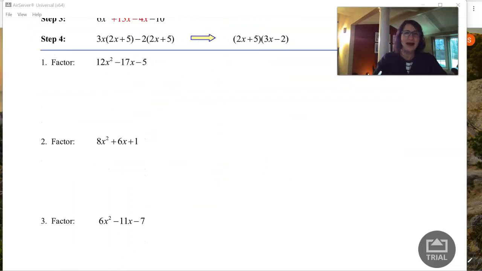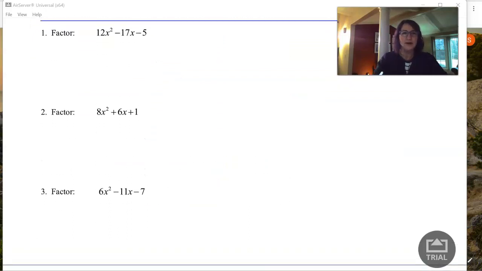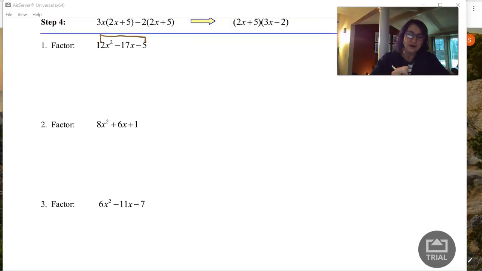There's that example there. I'm just going to jump in with problem number 1 here. So we're going to start by multiplying 12 times -5, which is a -60. So we're looking for what can we multiply that gives us -60, but then adds to our middle term of -17.